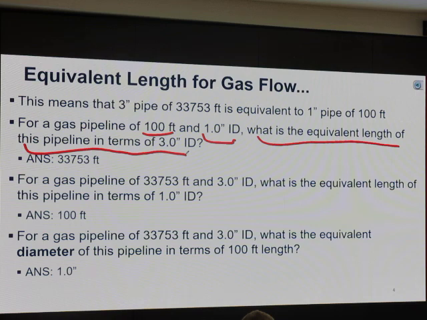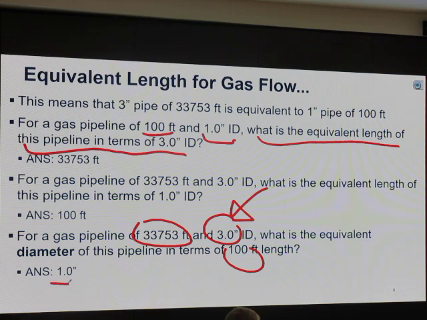Or I may say a pipe that has this much length and that much ID, the equivalent diameter in terms of shorter pipe length is more or less than 3 inches. You may not know that it's 1 inch, but you will know that it's more or less, right?